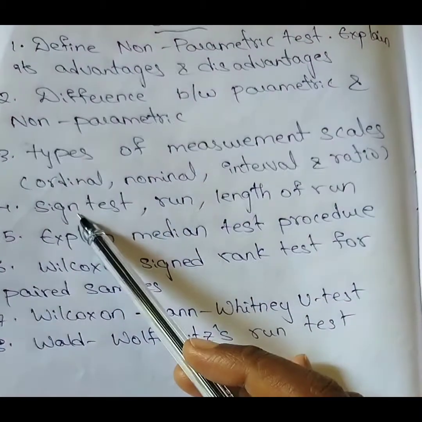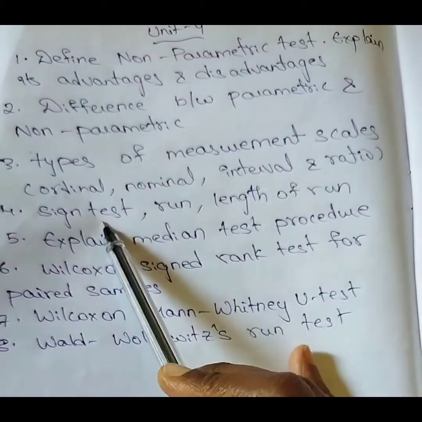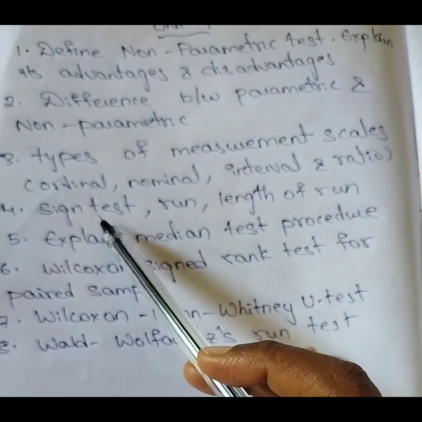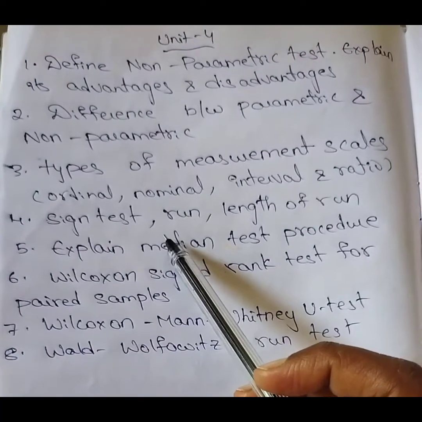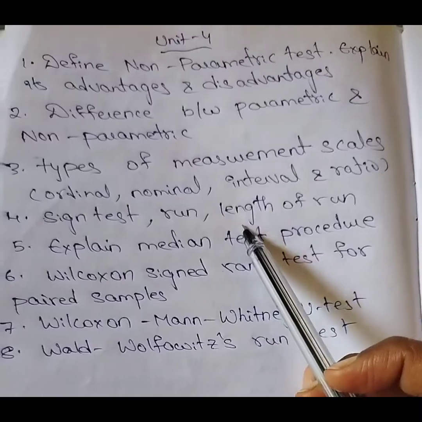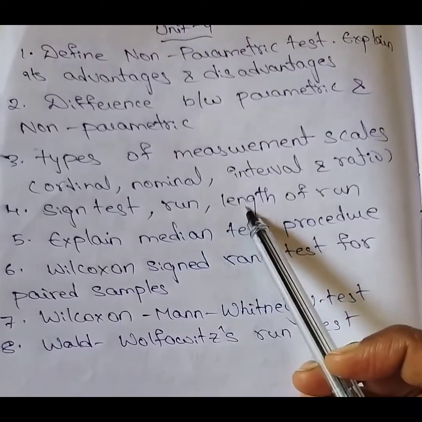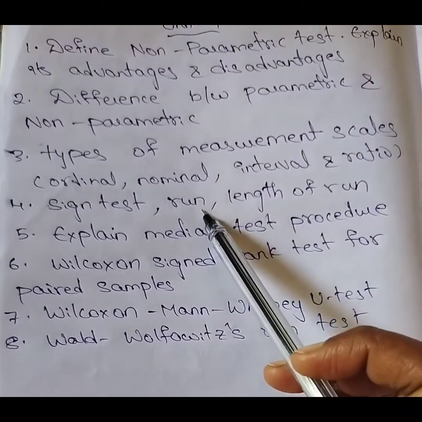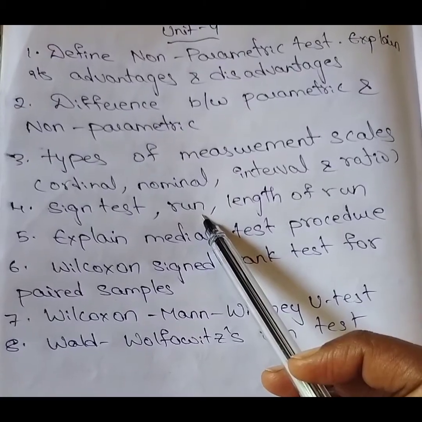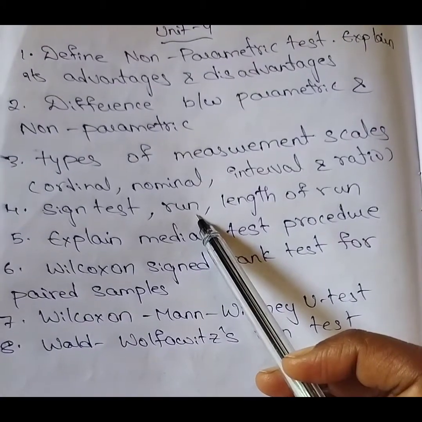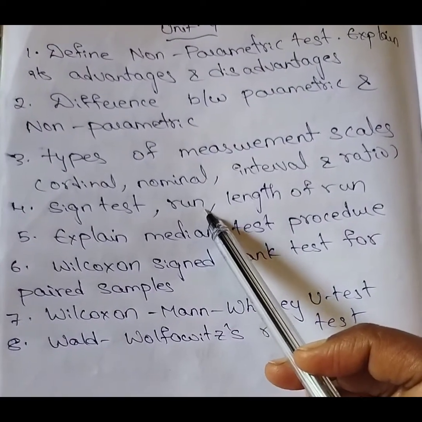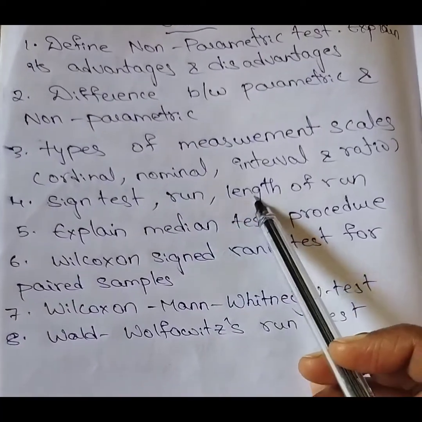Fourth question, you are having the sign test. Procedure for sign test is for short answer. Next, define run, length of a run. These 2 questions they'll ask you for short answer, or else run test. Run test is also called test for randomness. So that also they'll ask you for short answer.